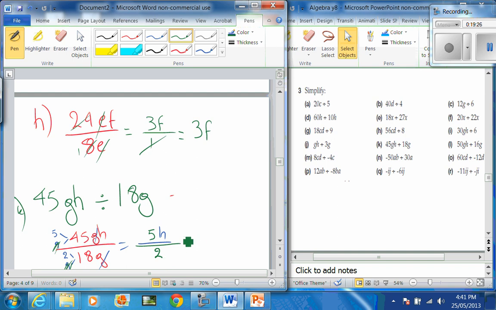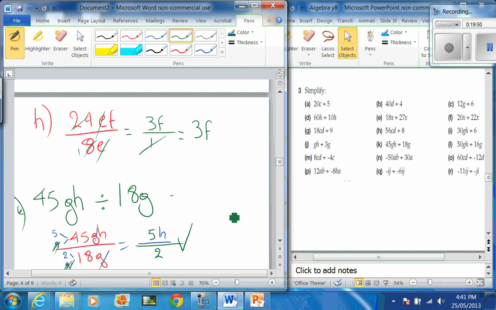Yes, I do. I don't take it further. I don't change the improper numerical fraction to proper because I don't know how much is H. It can or cannot be divided. So let's leave it as it is at the moment.